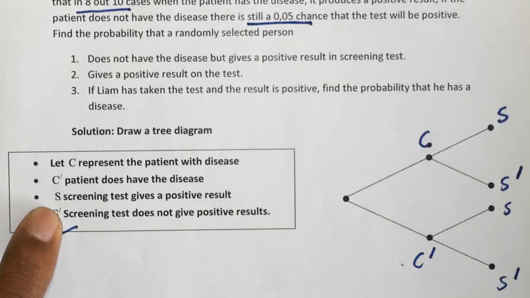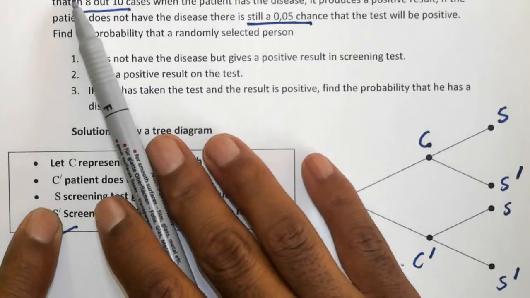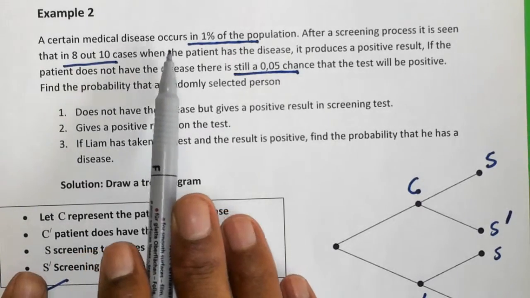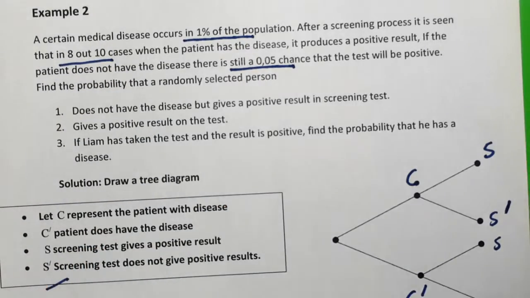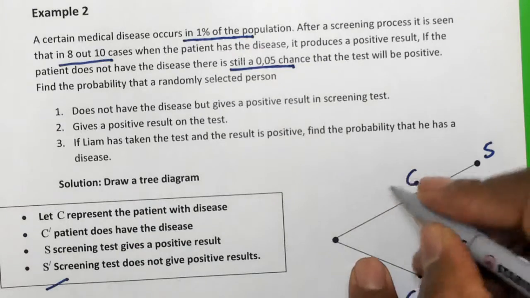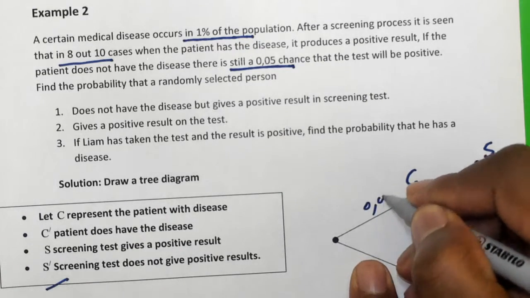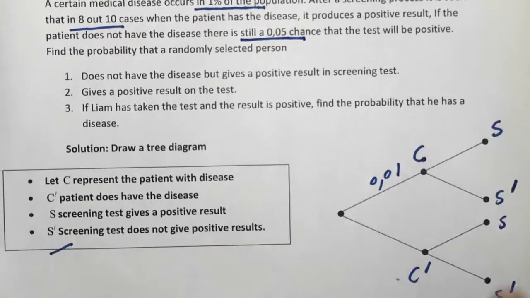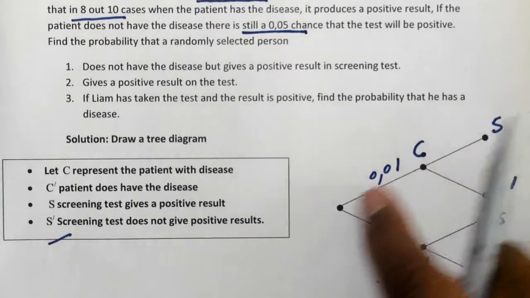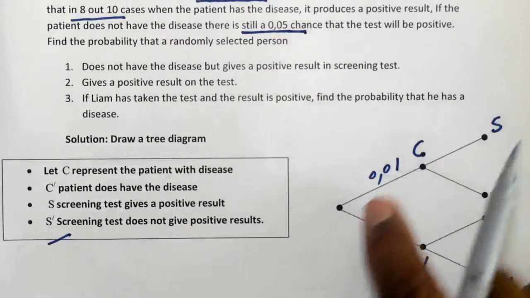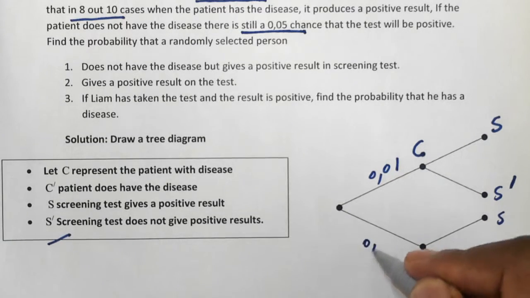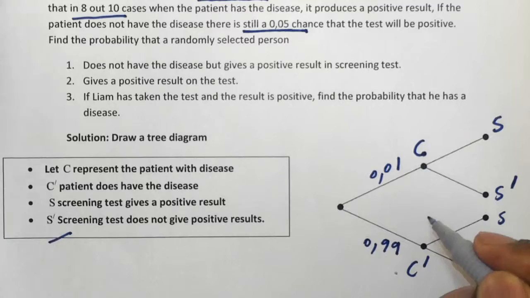Beautiful. Now, let's go back. A certain medical disease occurs in 1% of the population. So here we'll have 0.01 of the population. But what we have to remember is that that branch plus that add up to 1. So we'll have 0.99.